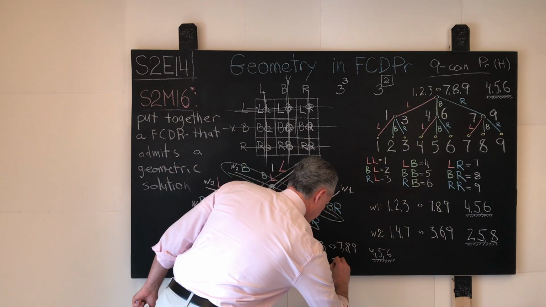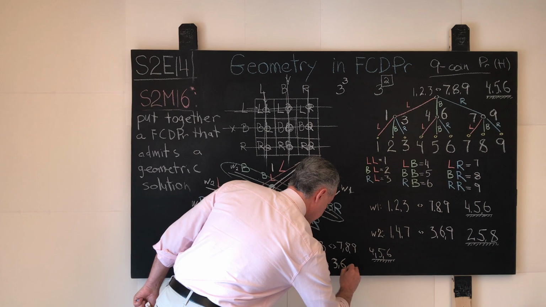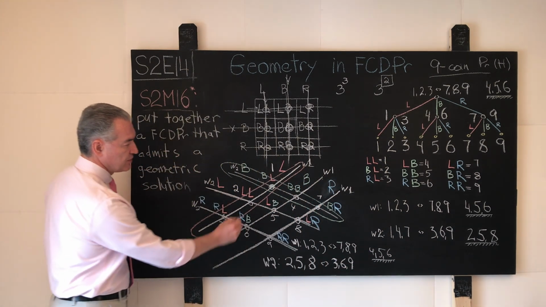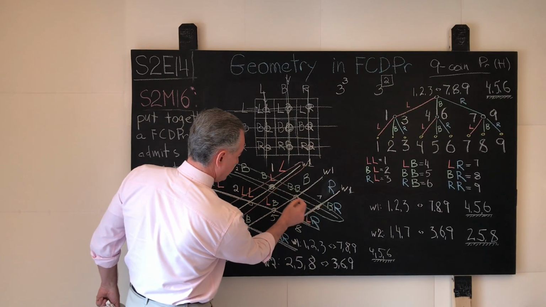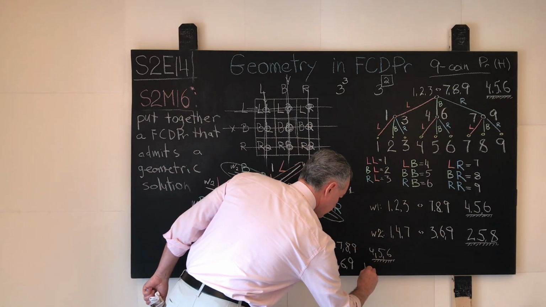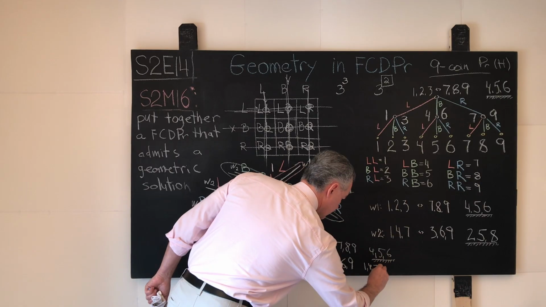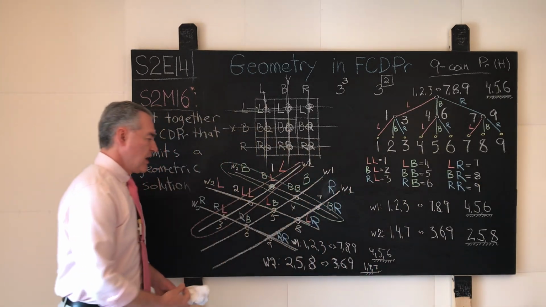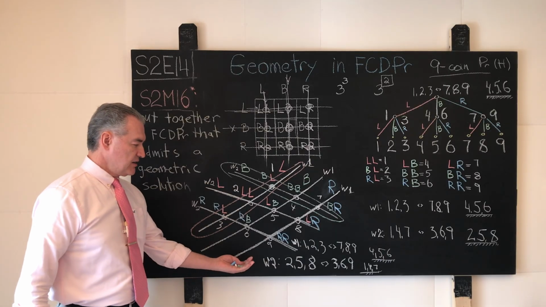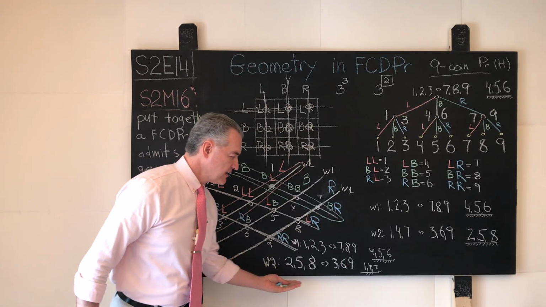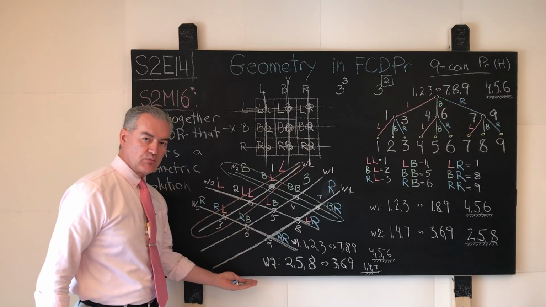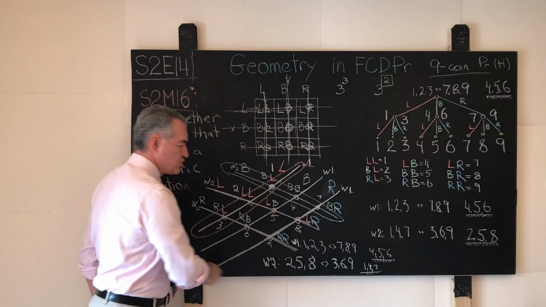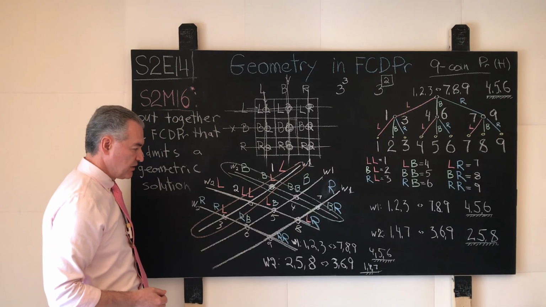So we write it down here. 3, 6, 9. And which coins sit it out on the table? The coins named 1, 4, 7. So the coins named 1, 4, 7 sit out the weighing number 2 on the table. And this is a non-adaptive solution of the nine-coin problem that we generated purely based on the geometric reasoning as explained above.